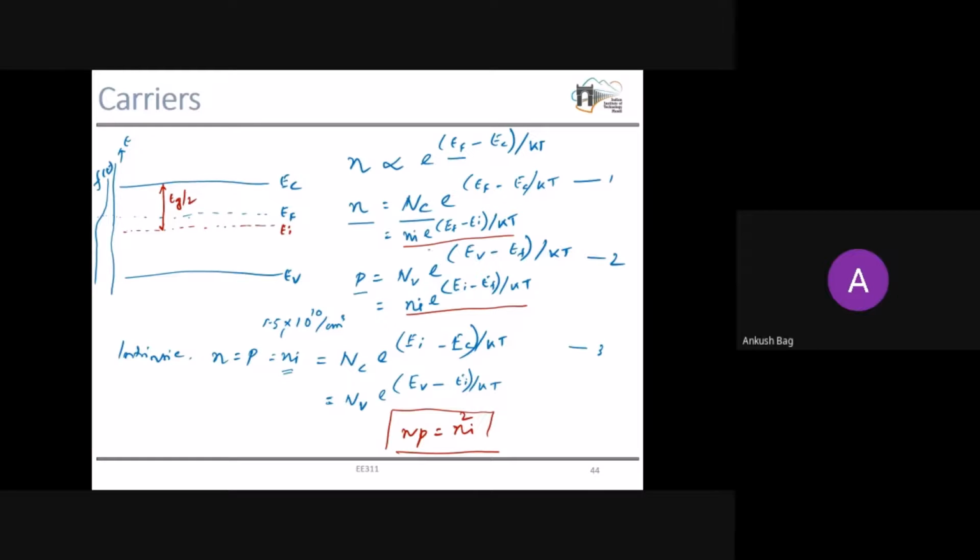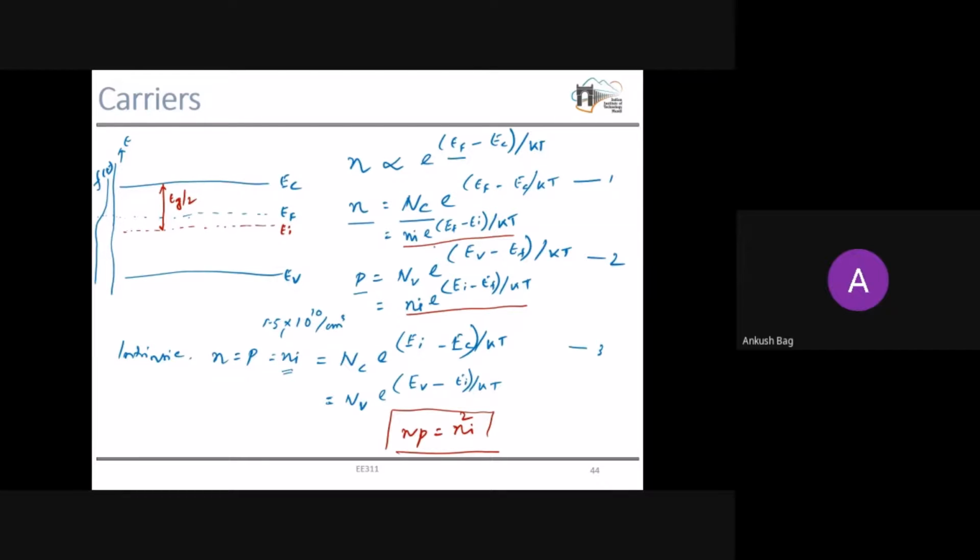So from these two equations, you can also understand, if you have doped your semiconductor n-type, where will your Fermi level be? If it is an n-type dope, like in silicon you have incorporated arsenic, then your Fermi level will be above EI. And if we dope silicon with some p-type material, let's say boron, gallium or aluminum, then your Fermi level will be below EI.